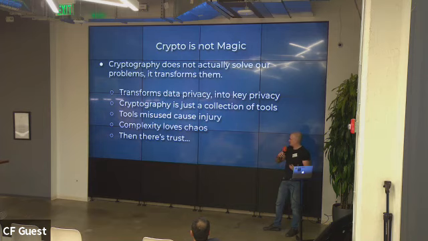Oftentimes it's not our fault, it's just the constraints of the situation and the business needs. I'm sure there are lots of apps out there that could have benefited from the privacy that crypto provides, but didn't pursue it because the bar to actually introduce application layer crypto is pretty high.